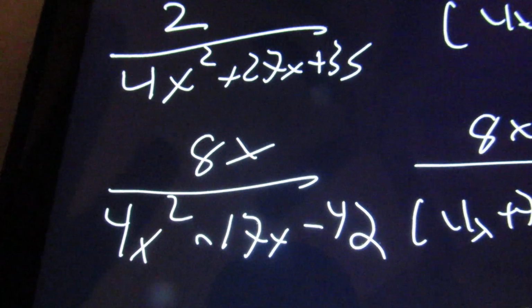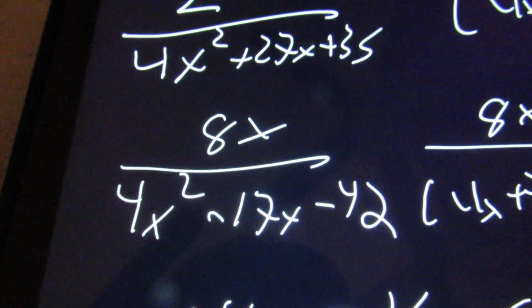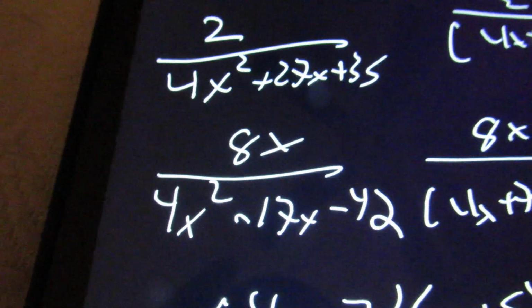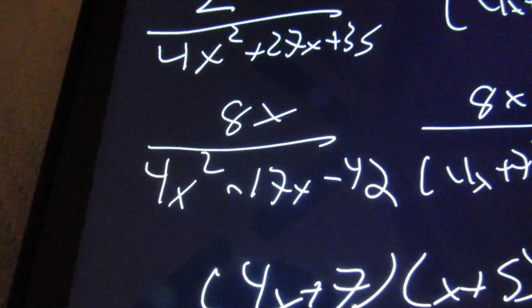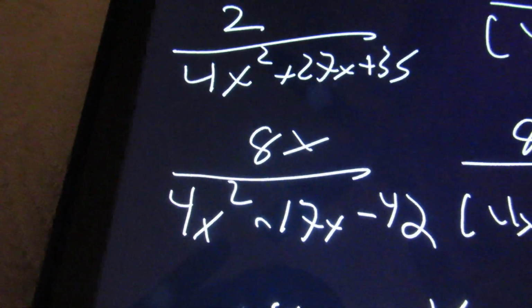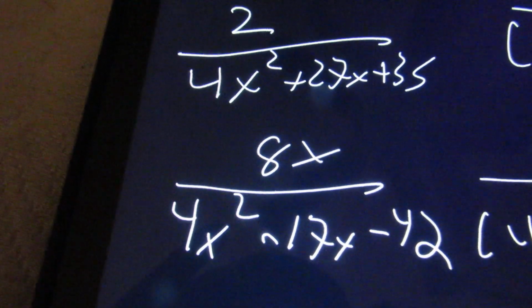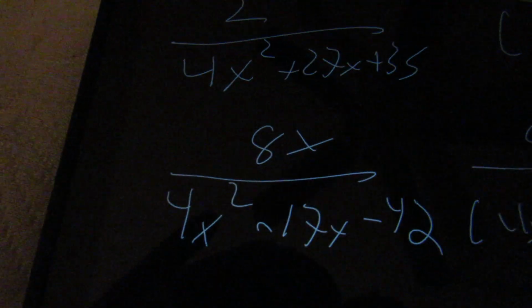This one has the denominators as trinomials. And in order to add these or subtract them, remember the first step we have to do is find the least common denominator, and then we have to find equivalent rational expressions with that denominator.